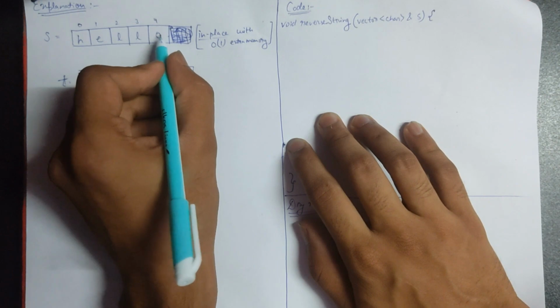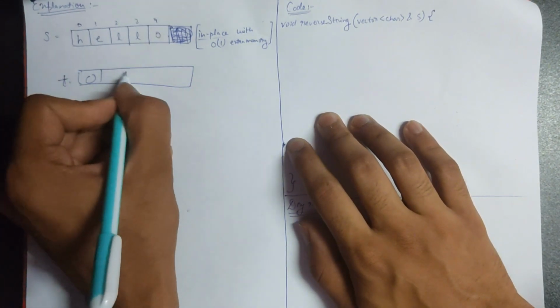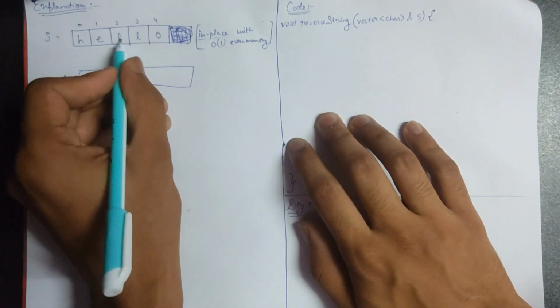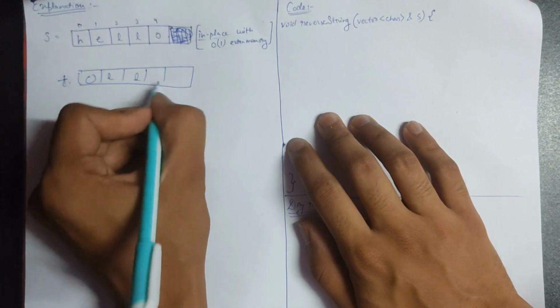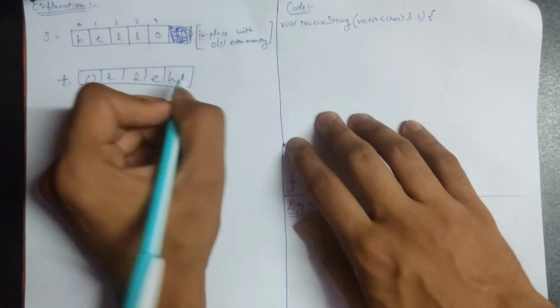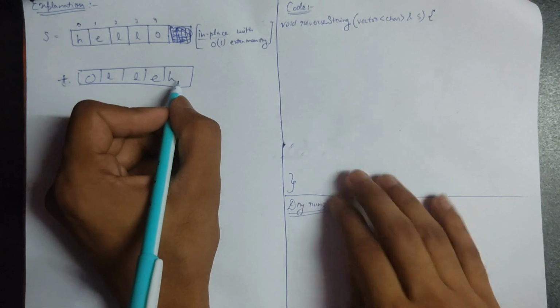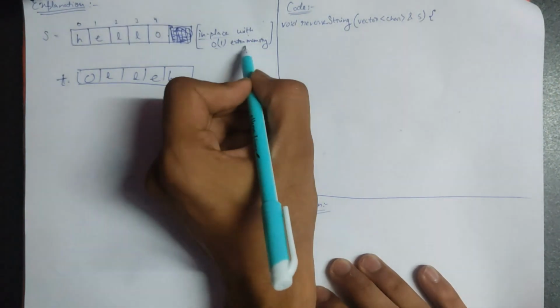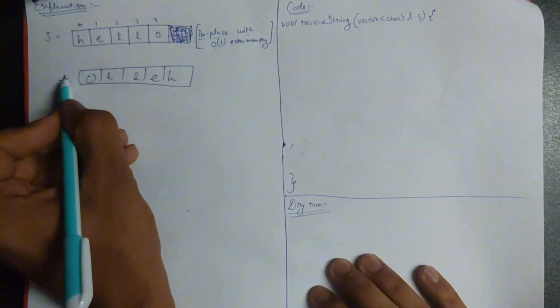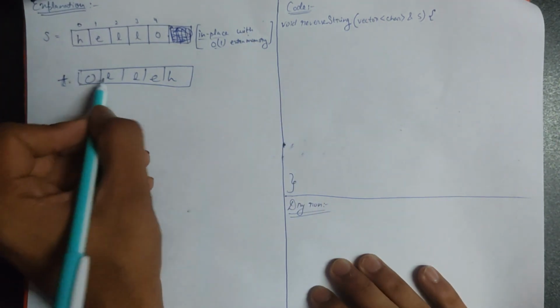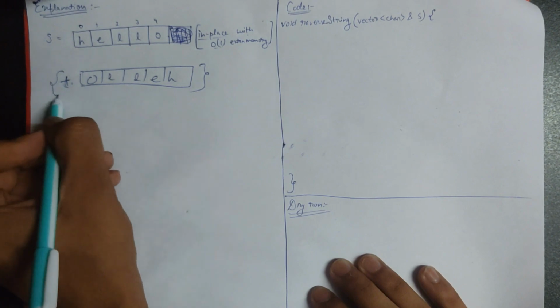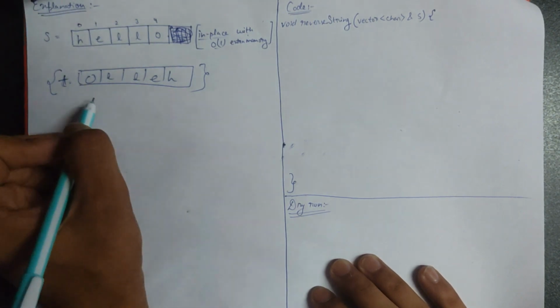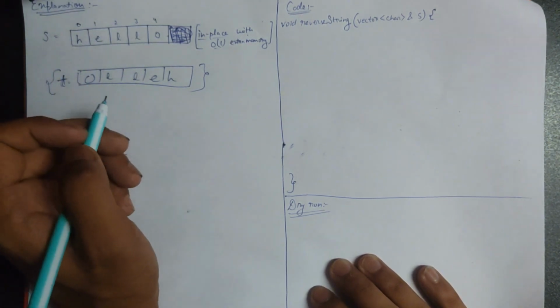So first O will enter, then L, then this L, then this E, then this H. But we can't do this because, as the question says, it is in-place with O(1) extra space. And here we are using O(n) extra space because of the new vector we are creating. So we will not create this vector. What else can we do?